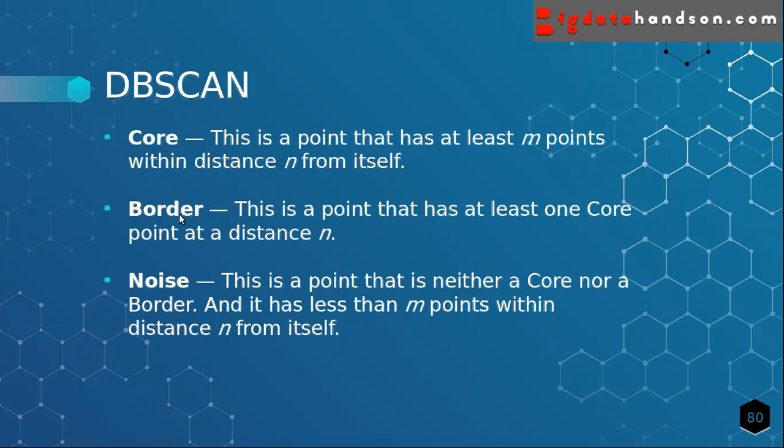And a border point is a point that has at least one core point at a distance n. And noise is a point that is neither a core nor a border, and it has less than m points within distance n from itself.